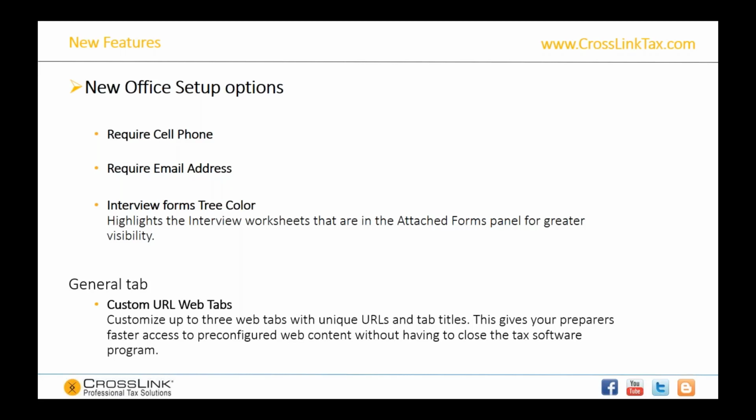But you also are going to have these new ones that you can create if you wanted to. So if you want your preparers to have the ability to quickly go to a specific website while in the software, not only can you go to our website, CrossLink Tax, but you can add up to 3 unique URLs to that. And again, that's under Office Setup and the General tab.